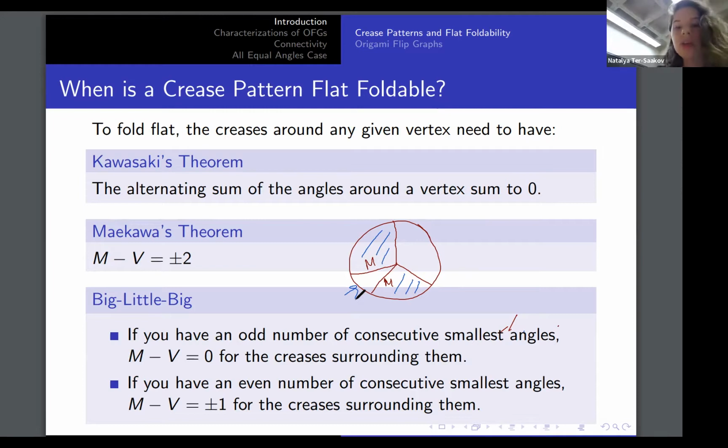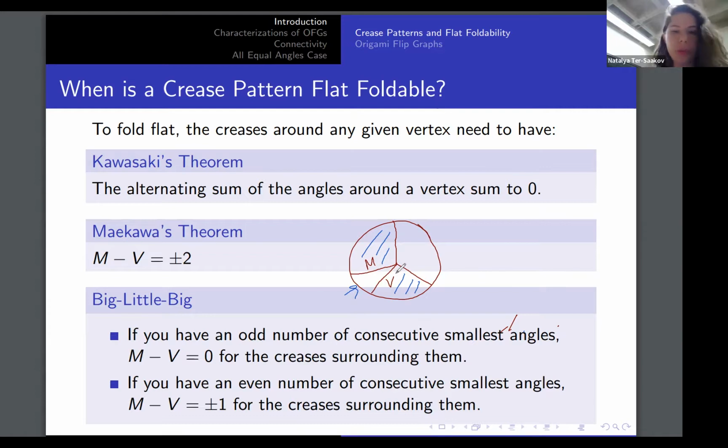Not allowed. So a valid folding of this must have one of these be mountains and the other one be a valley. Similarly, if we have more creases, more faces in a row that have small consecutive angles, they must have mountain valley either plus or minus 1 if there's an even number of them, or 0 if there's an odd.